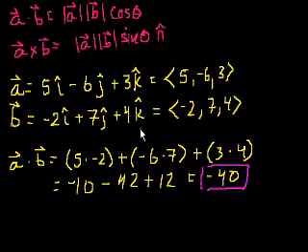I'd actually be curious to graph this on some type of 3-dimensional grapher to see why it's minus 40. They must be kind of going in opposite directions, and their projections onto each other go in opposite directions, and that's why we get a minus number. The purpose of this video, though, is not to get too much into the intuition. This is just how to calculate it. But it's fairly straightforward.